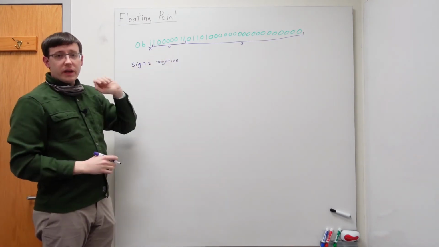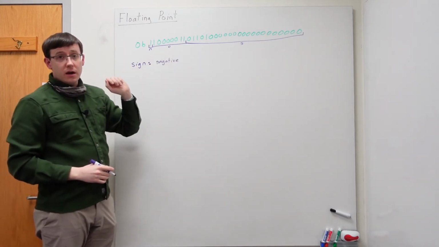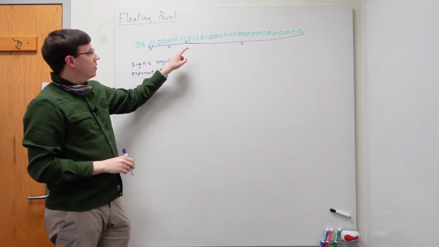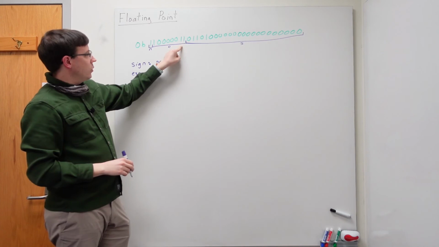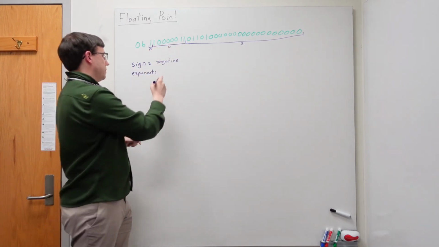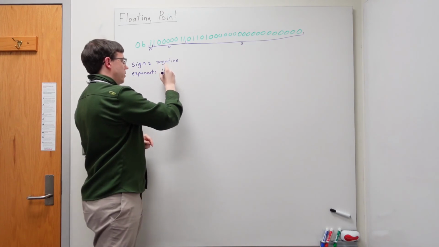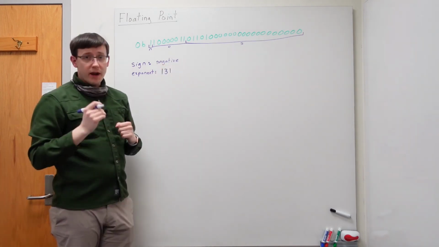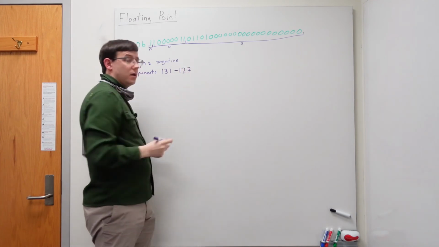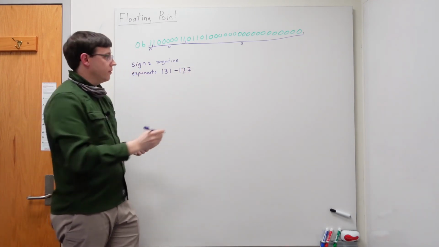The exponent we can read as an unsigned binary number. We have 1 plus 2 plus 128. So we get 131. And then we subtract 127. So we get a value of 4 for the exponent.